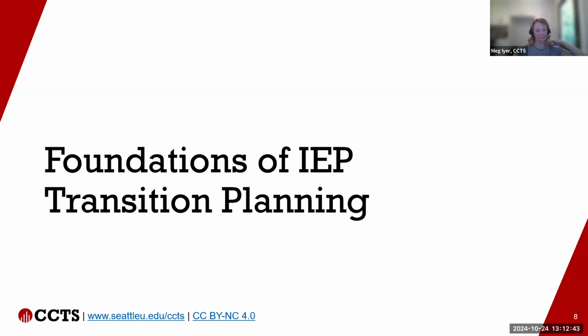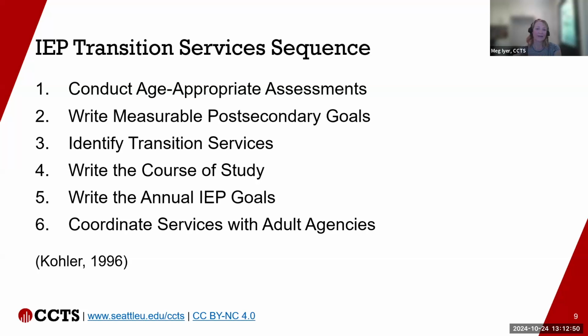So let's turn and talk a little bit about IEP transition planning. So in the year that a student turns 16 or earlier, if the IEP team decides, it's required by state and federal law that transition services are included in their IEP.